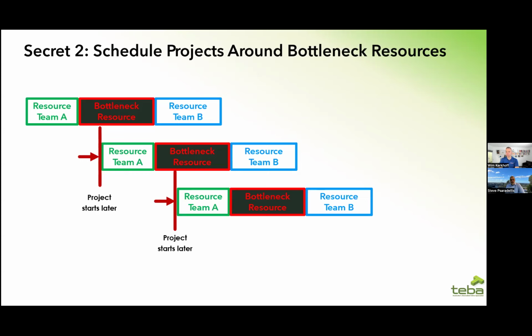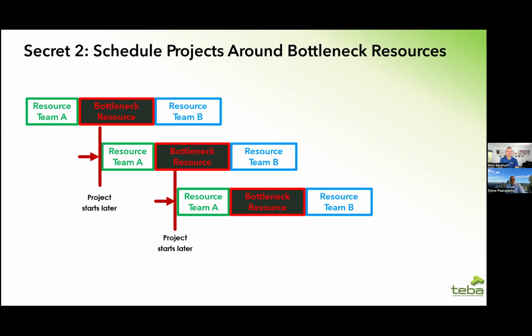When you do that, you're going to see that the projects will be finishing much quicker, in less time, without project scope creep, and your bottleneck resource will be unflustered. Why? Because you will not be bouncing them around projects. You'll simply be scheduling them on projects.